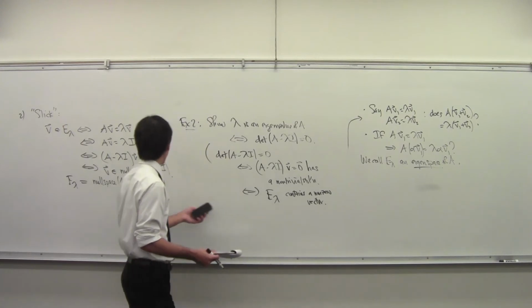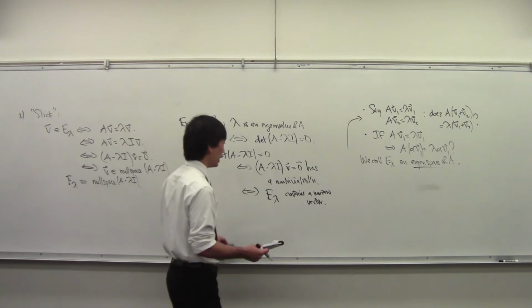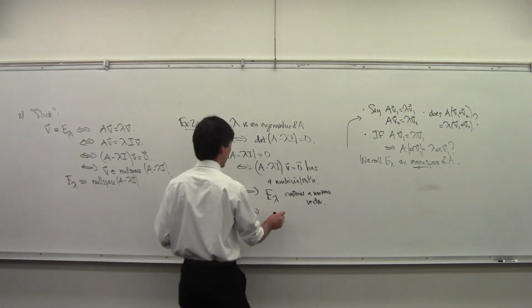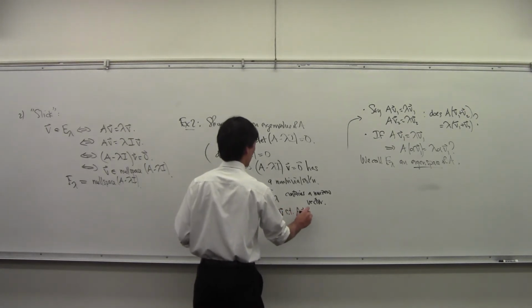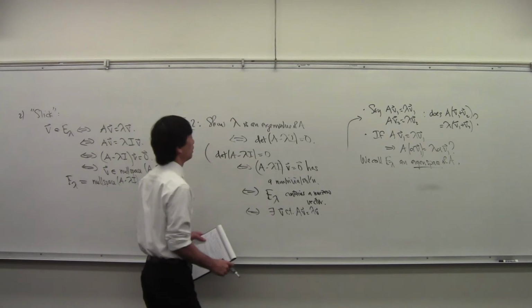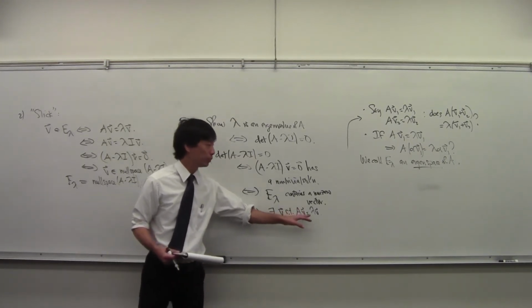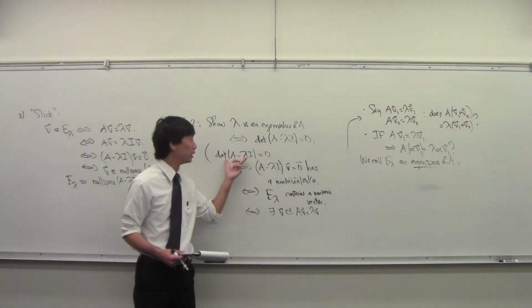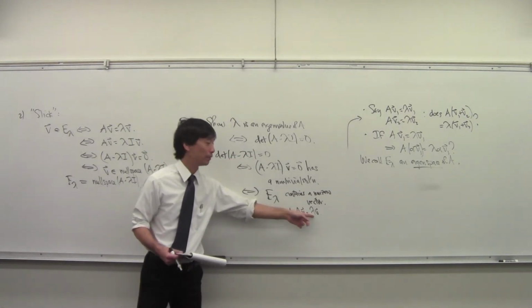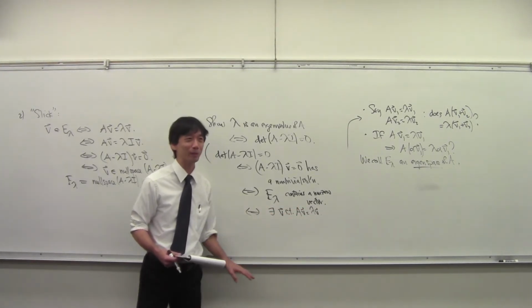In other words, you have an eigenspace. That's the same thing as saying that there's some vector such that Av equals lambda v. So if lambda is an eigenvalue, then the determinant of this thing is 0. If the determinant of this thing is 0, then A has an eigenvector with eigenvalue lambda.